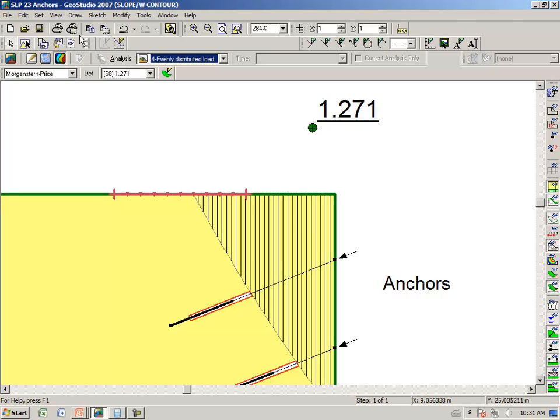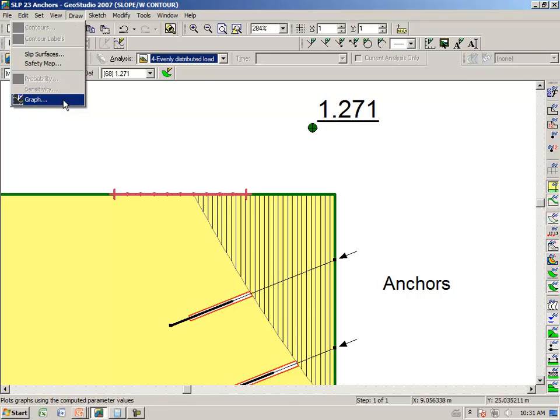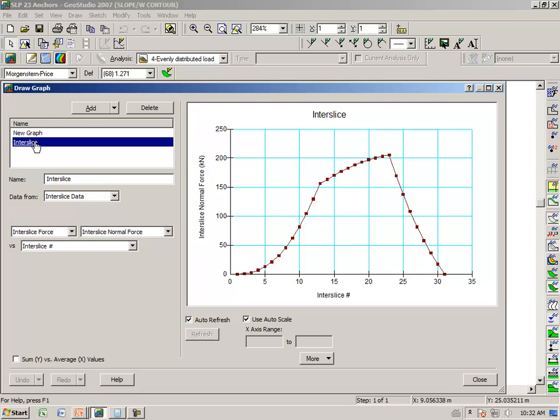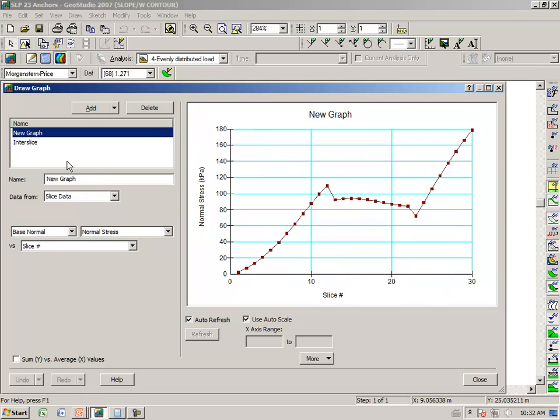Now, first of all, the effect of this is that we get a much more realistic stress distribution. If we say graph interslice forces, you notice that all of the negatives between the slices have now been removed. And also, this was our normal stress graph.